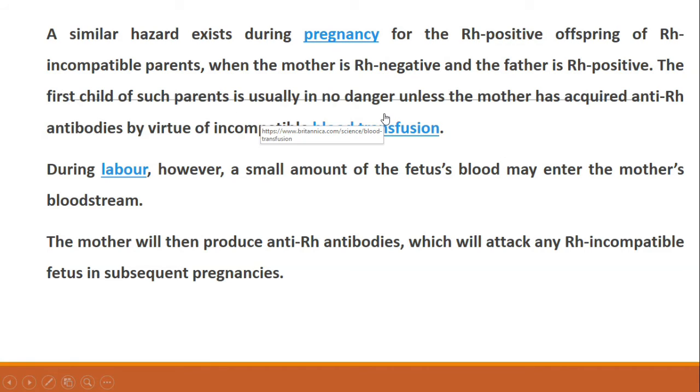Which means the mother has circulating anti-Rh antibodies. But when the second pregnancy occurs, the anti-Rh antibodies, or anti-D antibodies, transfer from the maternal circulation to the baby's circulation through the placenta, because this time a secondary immune response occurs that results in the formation of IgG antibodies that are very small and can cross the placenta easily.